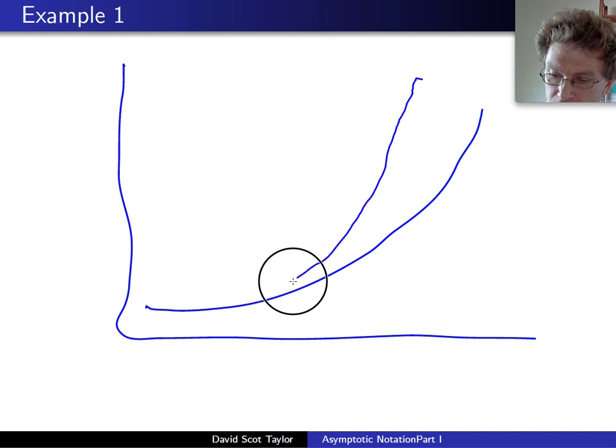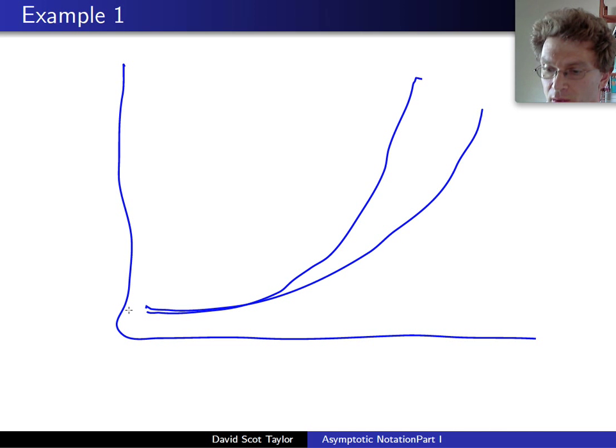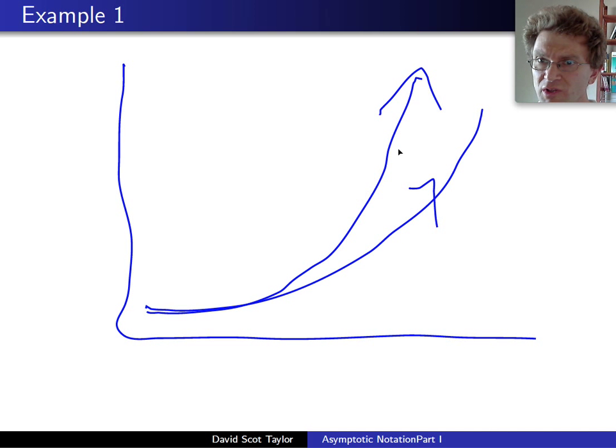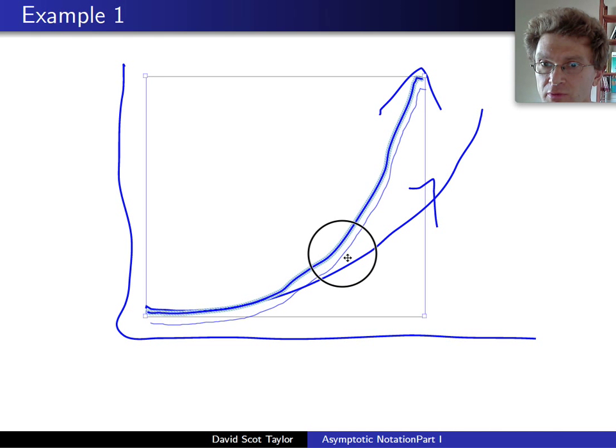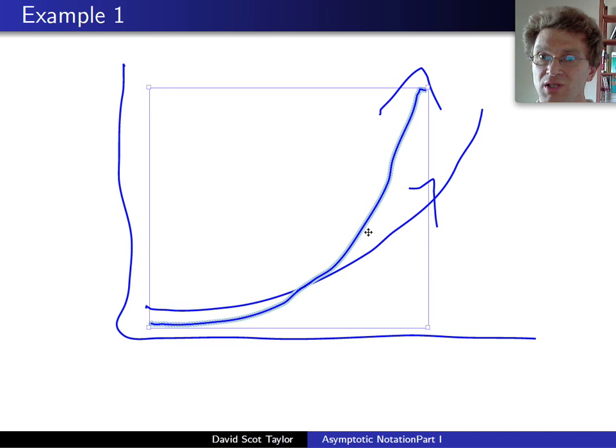Maybe it started lower. Now both of these functions keep going. We can see this function we expect to be higher, even if the other function was a little bit higher to start with. So let's make it so that this function ends up higher. The other function started higher.